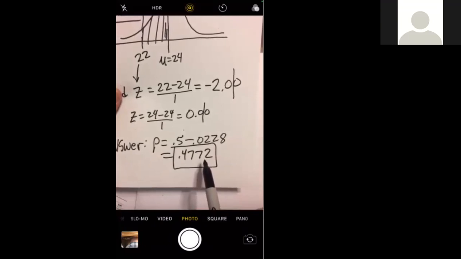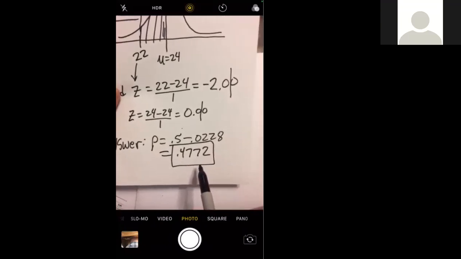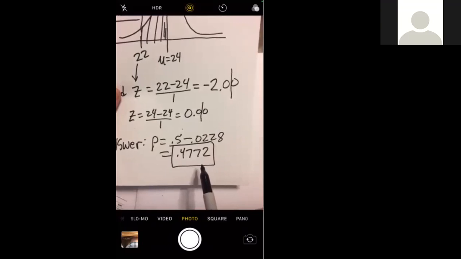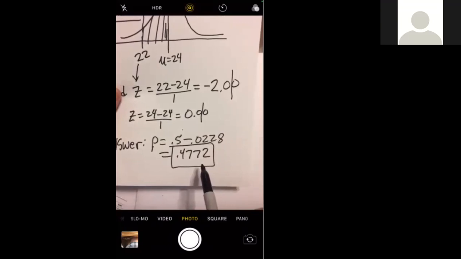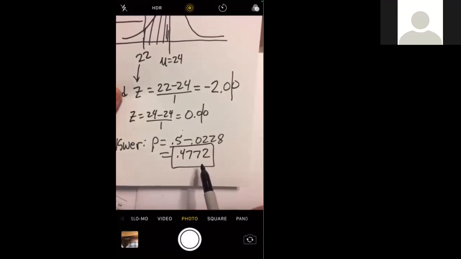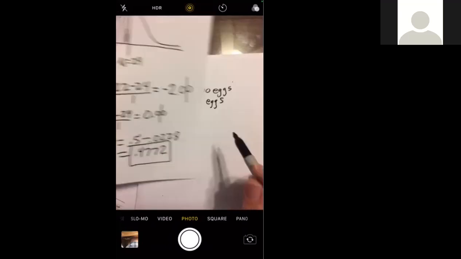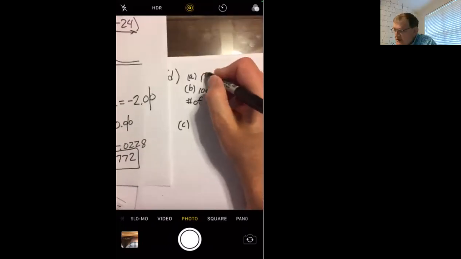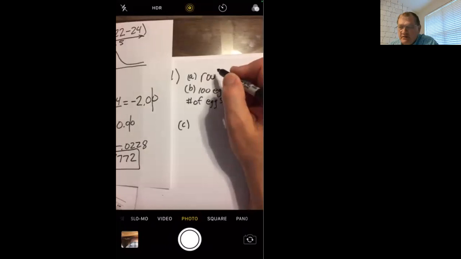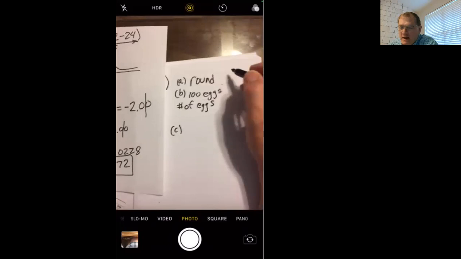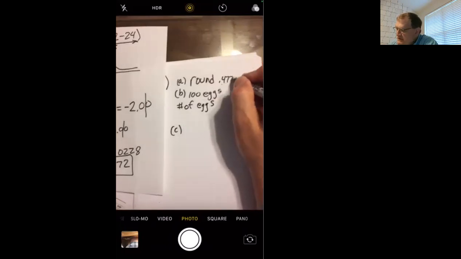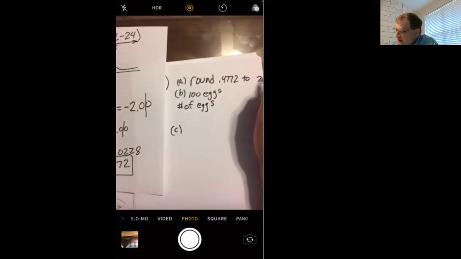A says the average proportion of the weight to hatching of all eggs fertilized between 22 and 24 days is, and you should round to 2 decimal places as needed. Let's finish A. So basically we're rounding the 0.4772 to 2 places.